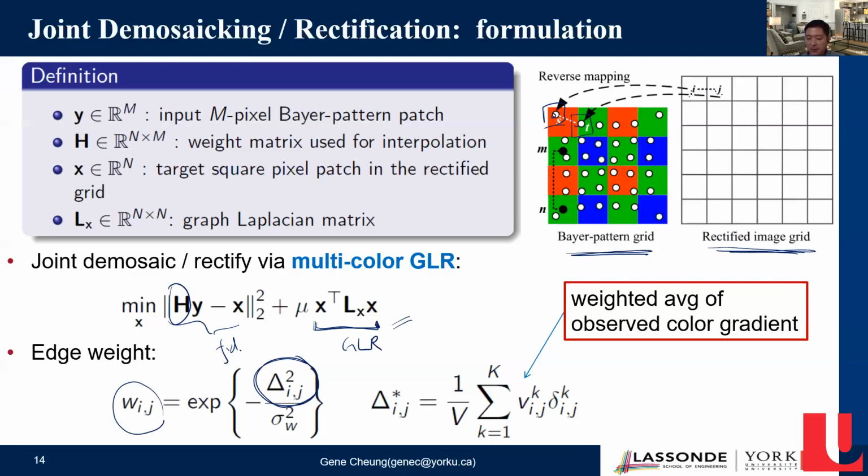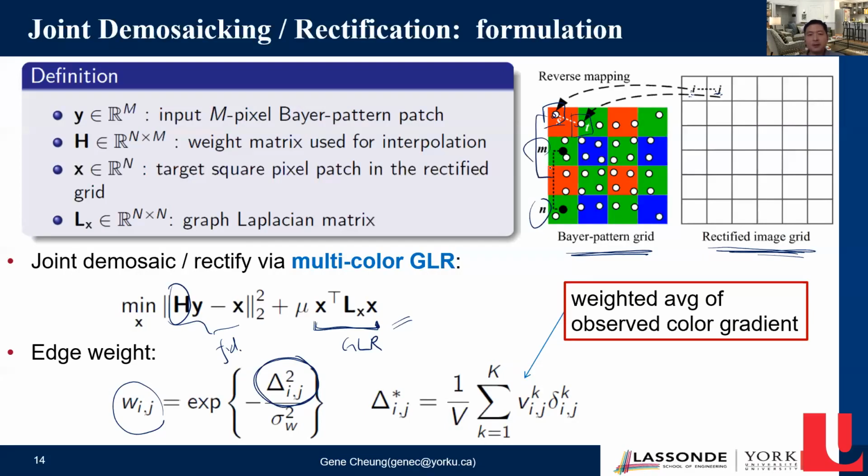The way we estimate the gradient between a pair of pixels I and J in the rectified grid is to look at neighboring pixels of different color in the Bayer pattern grid. So if, let's say, you're interpolating red at locations I and J, first of all, you can observe red gradients, such as MN here. MN is green here, but you can observe red gradients here.